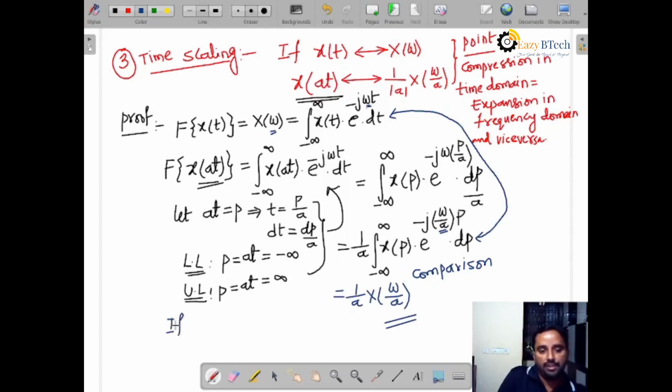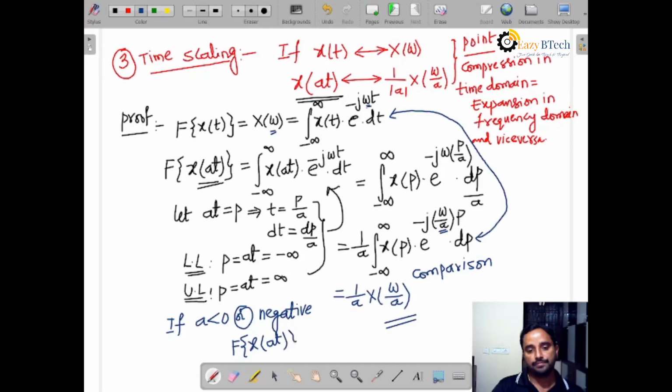If a is less than 0, a is a negative value, then what is the Fourier transform of x of at?